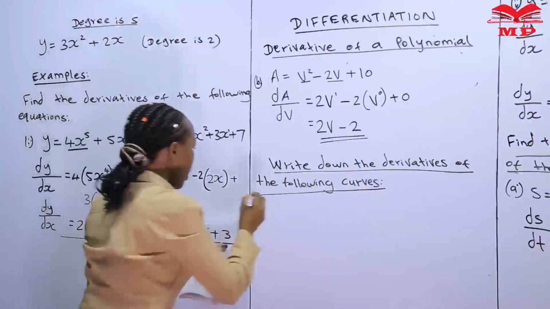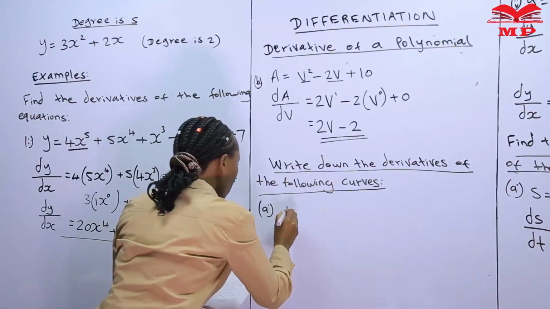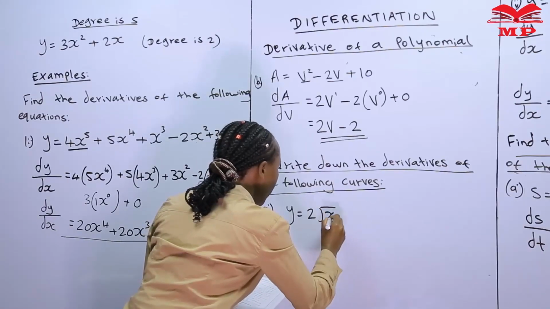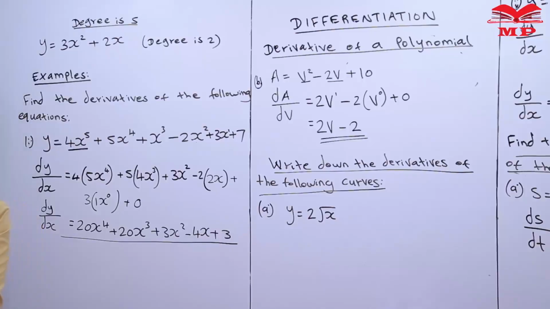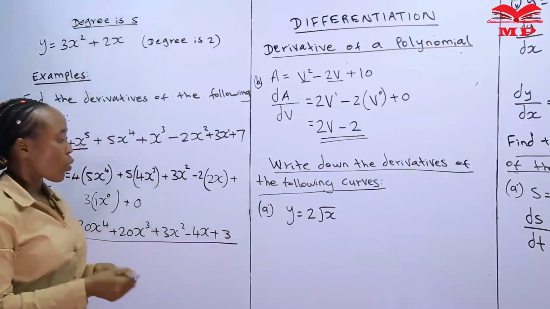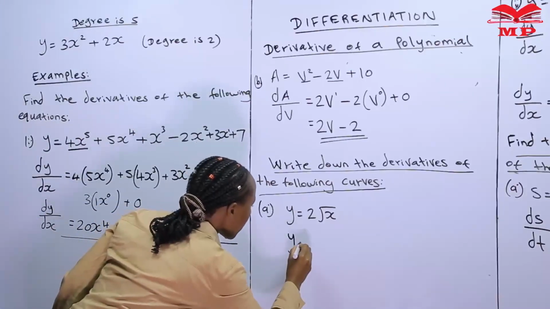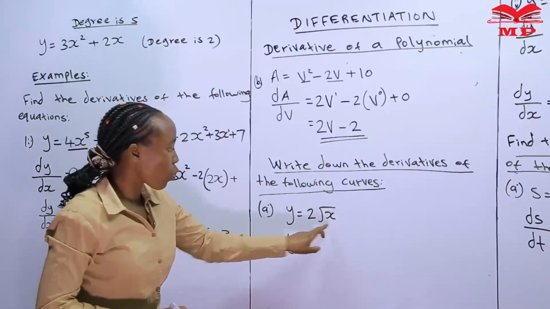In the first one, we have been given A. We have been given that y is equal to 2 square root of x, and we want to find the gradient function or the derivative of this. So in this one, we simply need to know that this means y is equal to 2 times the square root of x.